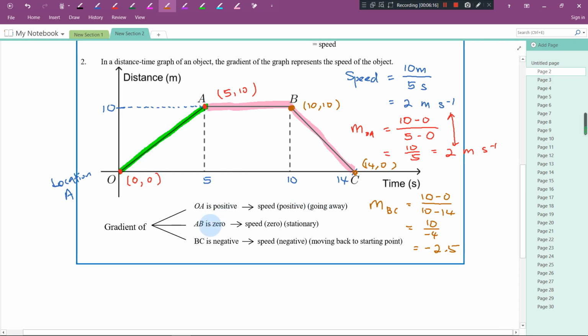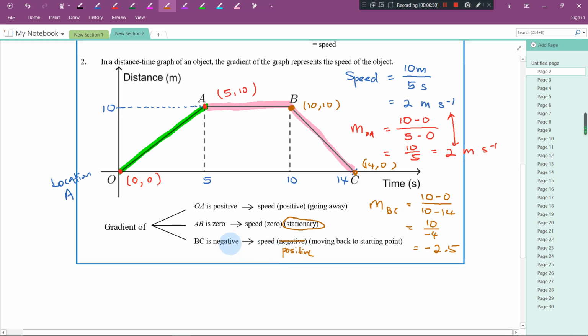For AB here, the gradient is 0, which means stationary. Remember this word. Stationary means that the object doesn't move.